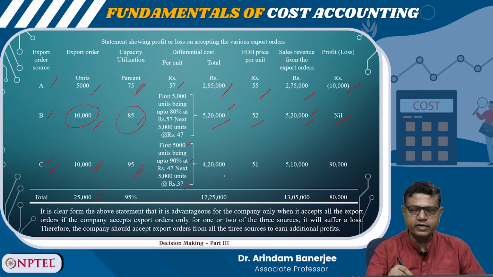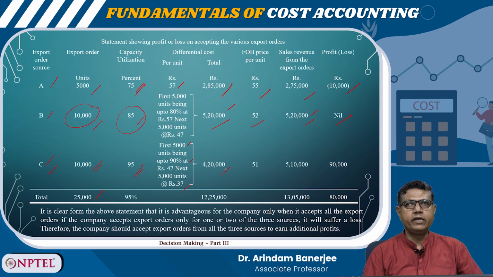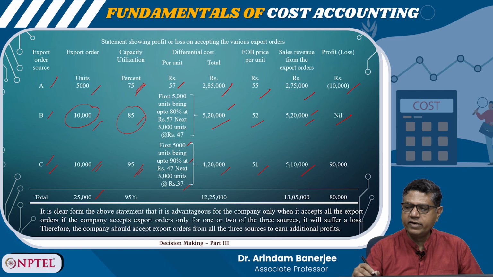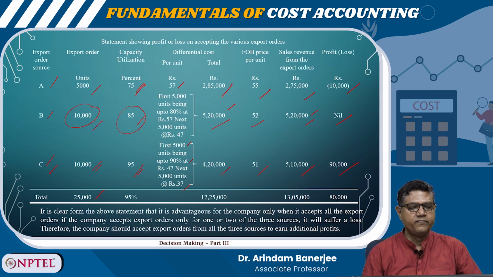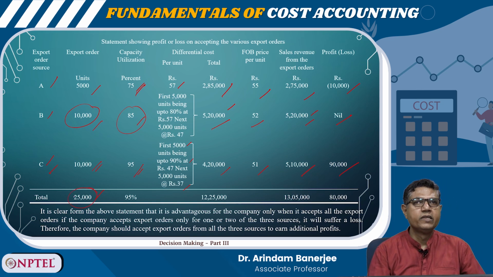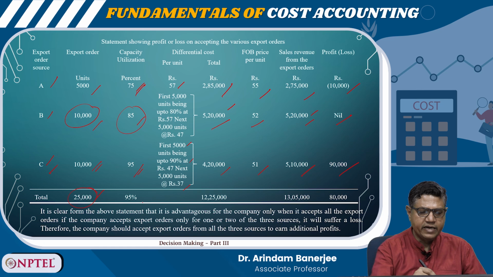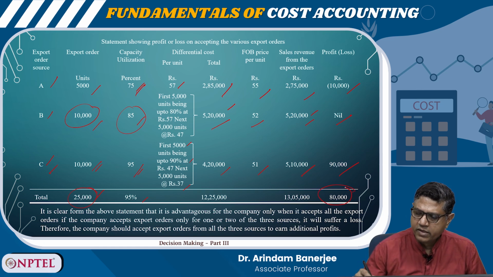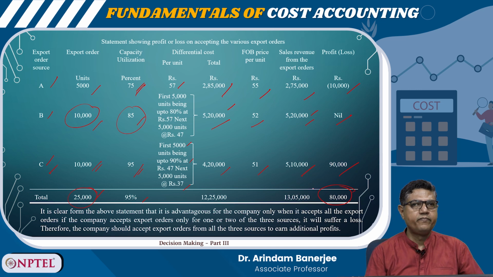If you calculate, it comes to 4,20,000. The FOB price per unit is 51, the sales revenue is 5,10,000 and my profit will be 90,000. So, if we consider the total export order of 25,000 units, and capacity utilization goes to 95%, then my profit comes to 80,000.